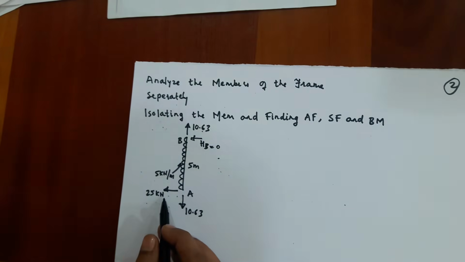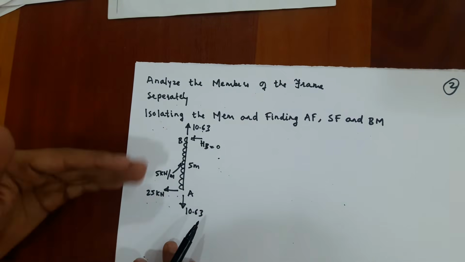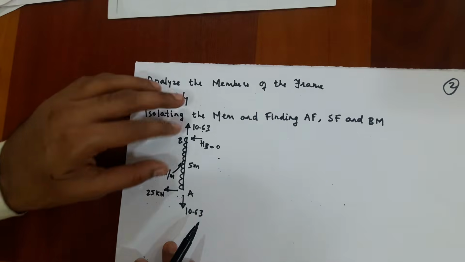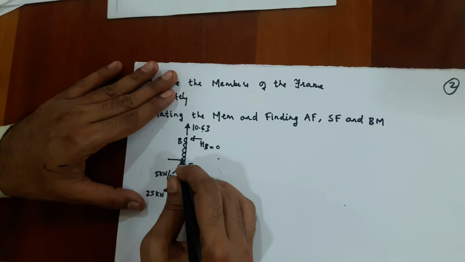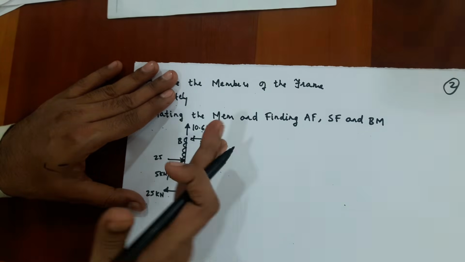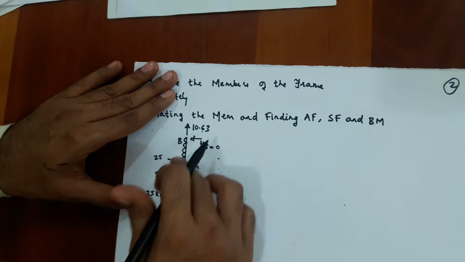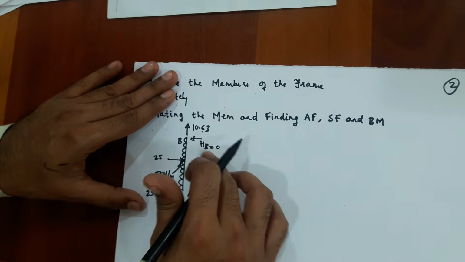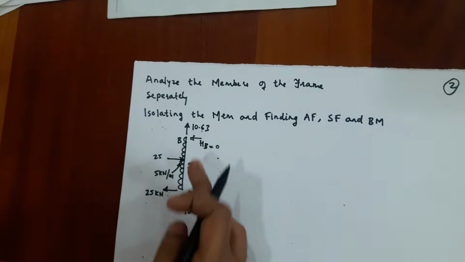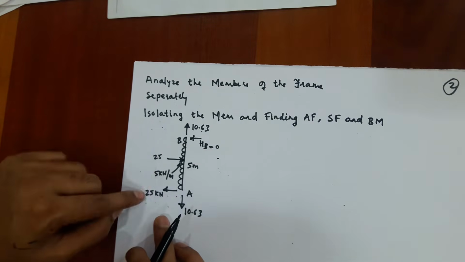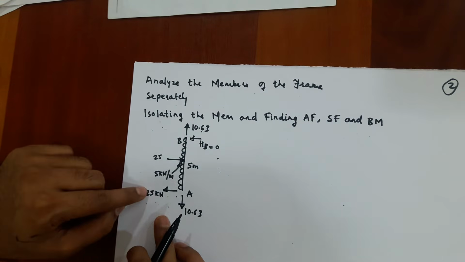If you see, 25 is acting towards left side, and here the total load of UDL is also 25, which is acting towards right. So this is balanced. There will not be any reaction to balance anything, because already the balance has occurred.